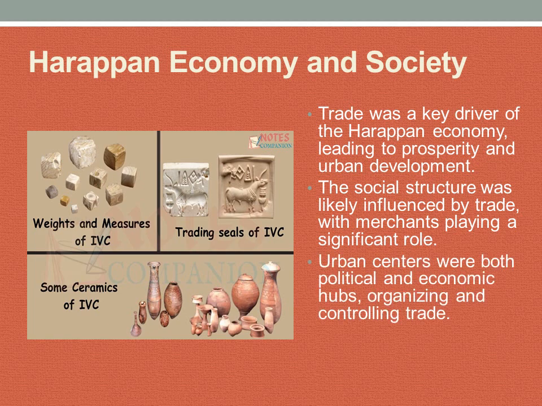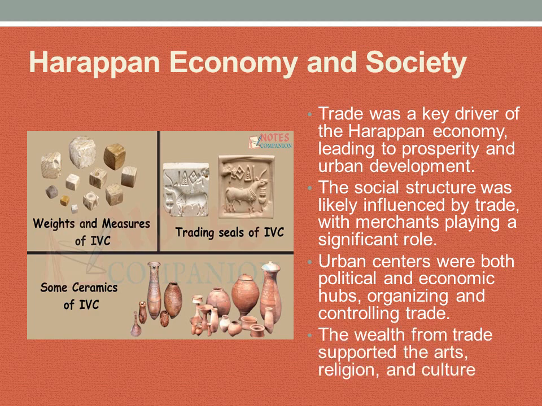Urban centers were both political and economic hubs, which helped in organizing and controlling the trading activities. So there was an exchange of ideas. People from all around the then world used to gather around these trading hubs, which facilitated political discussions, economic growth, and management capabilities of the civilization.